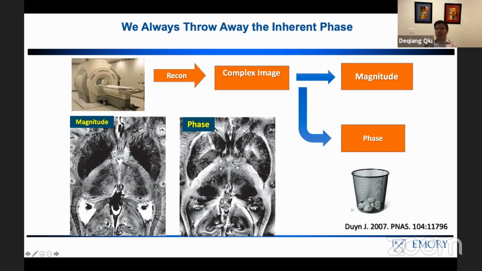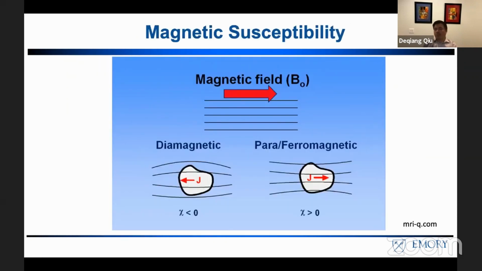So all these contrasts on phase images stand for tissue magnetic susceptibility property. So what is magnetic susceptibility? If you consider a uniform magnetic field, and then you put an object into this uniform magnetic field, depending on its magnetic susceptibility property, if it is diamagnetic, it's going to create a magnetization moment that's going to oppose the main magnetic field.